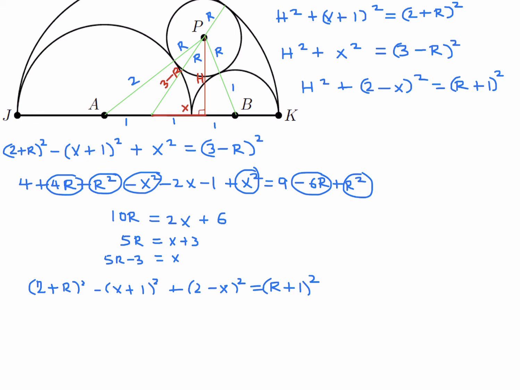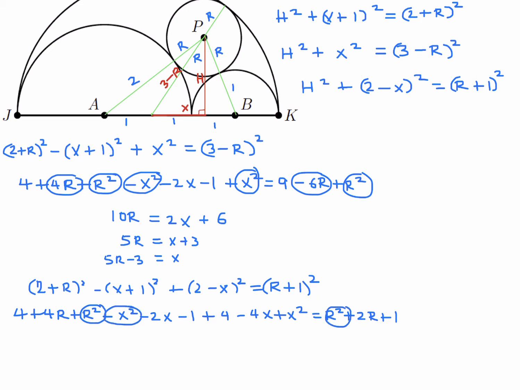Okay, again, let's expand this. So we got 4 plus 4r plus r squared minus x squared minus 2x minus 1 plus 4 minus 4x plus x squared, and this is r squared plus 2r plus 1. Okay, collect like terms. That cancels with that.